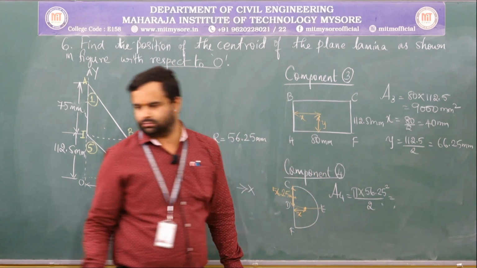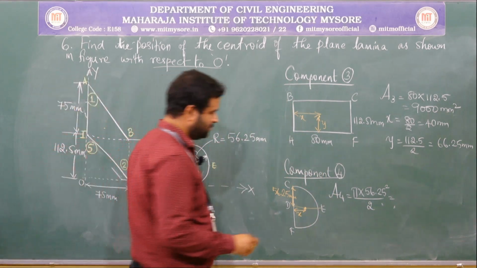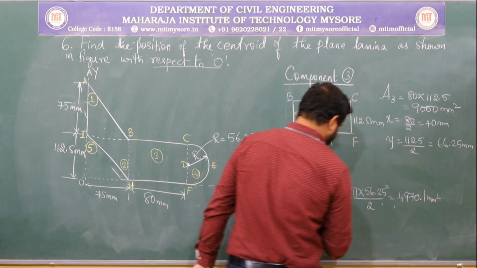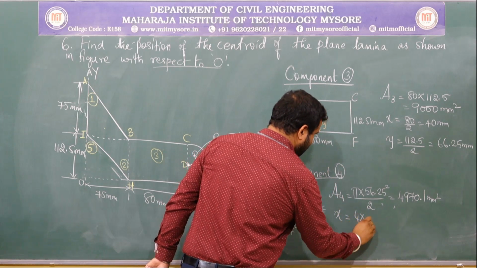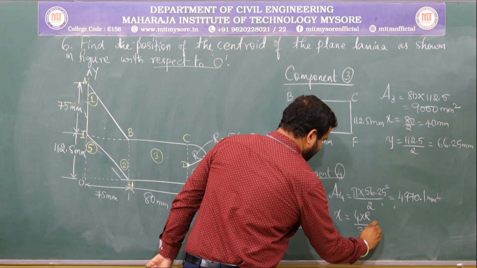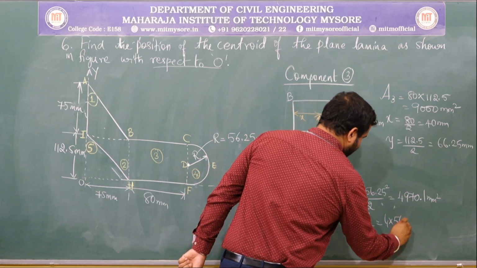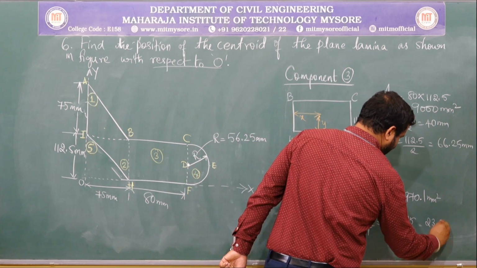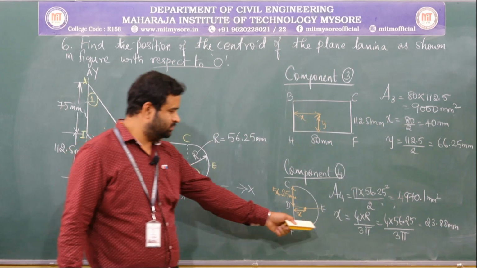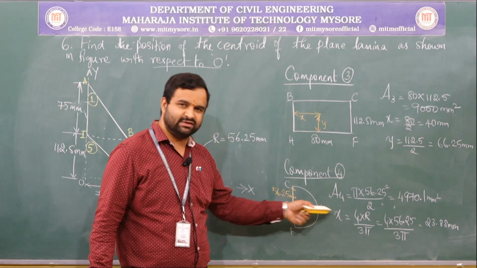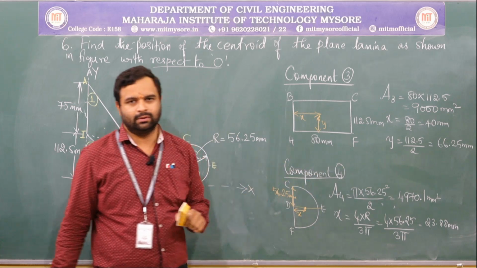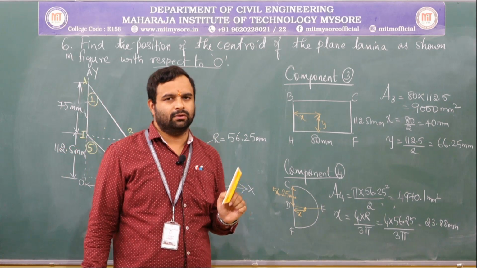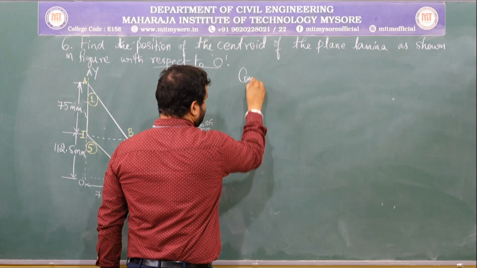This is equal to 4970.1 mm square, whereas this x component is 4r by 3 pi, which is 4 into 56.25 by 3 pi mm. There is no need to write y because it is 0. The y component of component number 4 is 0. But when you measure it with respect to the reference axis, that will not be equal to 0. Okay? Please be careful.